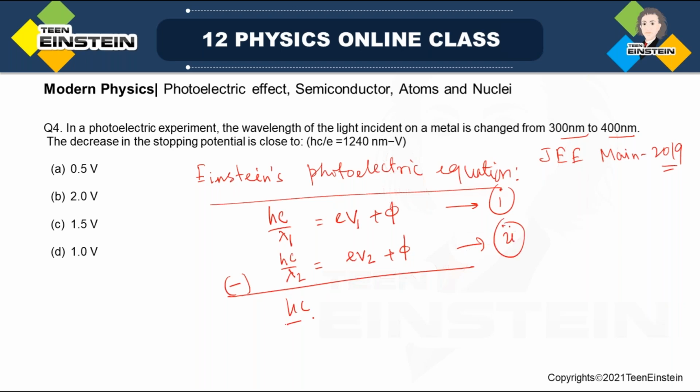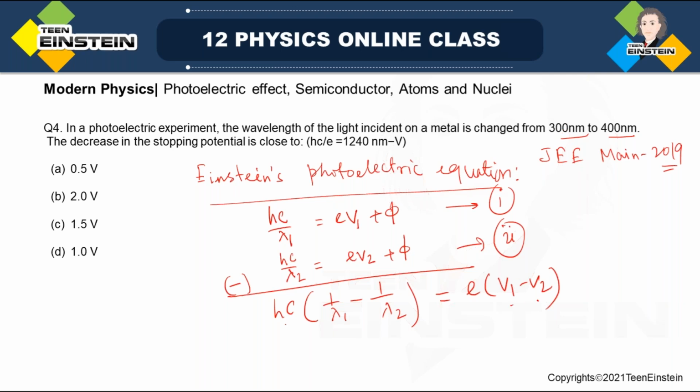What we will get? hc by lambda 1 minus hc by lambda 2. So I'll take hc common, 1 by lambda 1 minus 1 by lambda 2 is equal to e into V1 minus V2. Okay. See, when the wavelength is less, frequency will be more.